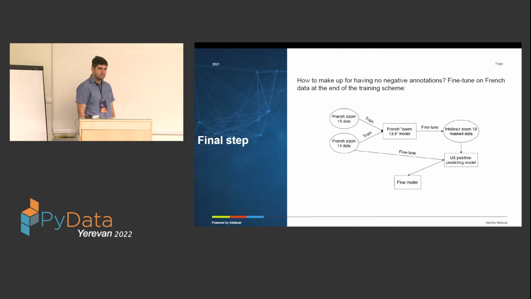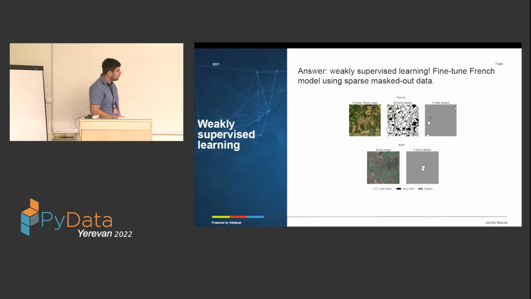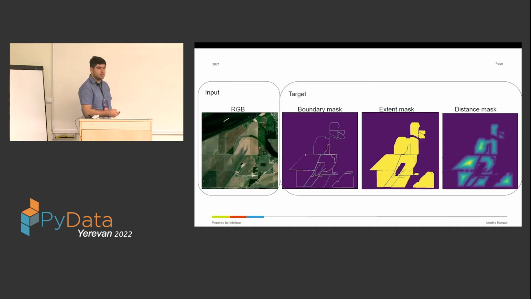Sorry, maybe I missed this part, but do you actually use the images as your input and output, or do you use some kind of representation of the images? We use just the RGB image as the input, and we use these three masks as target masks. So it's just the image.